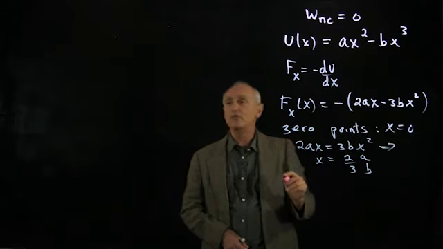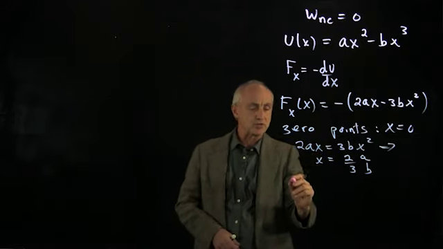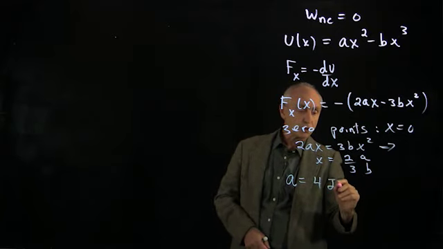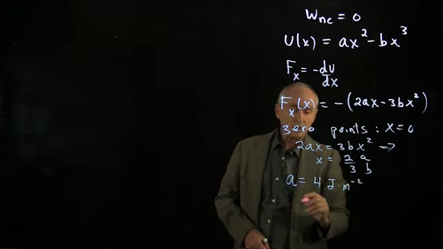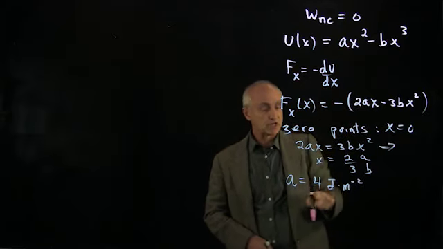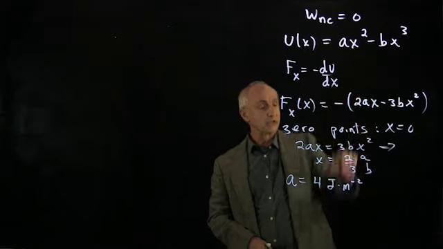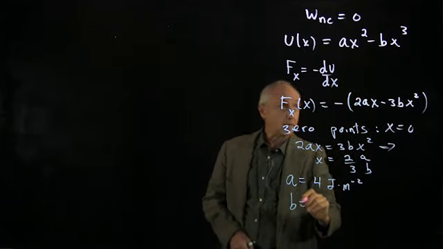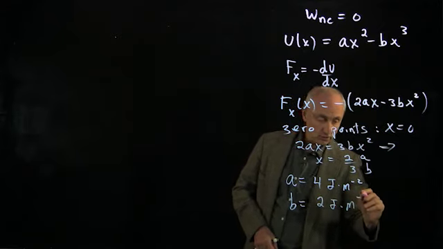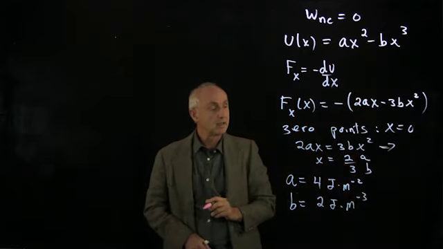Now, let's also, for our example, put some numbers in for simplicity. Let's write A as 4 joules per meter squared. Why do we have meter squared? Well, the units of potential energy are joules, and we're multiplying by x squared. And B we're going to write as 2 joules meter to the minus 3.